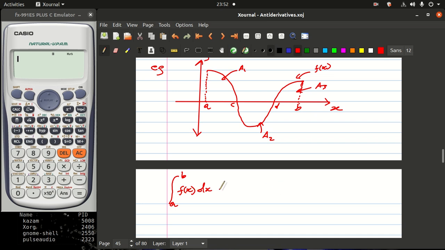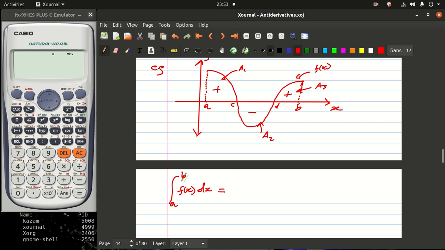We will notice that all the heights of the rectangles that I'm going to create here will have a positive height, and also the bases will be positive. So the area that I'm going to get here is going to be positive because the function is above the x-axis. But when it comes to this particular region here, you will find that f of x is negative, so all the area that we end up getting here is going to be negative, and then in this region we end up having a positive area there.